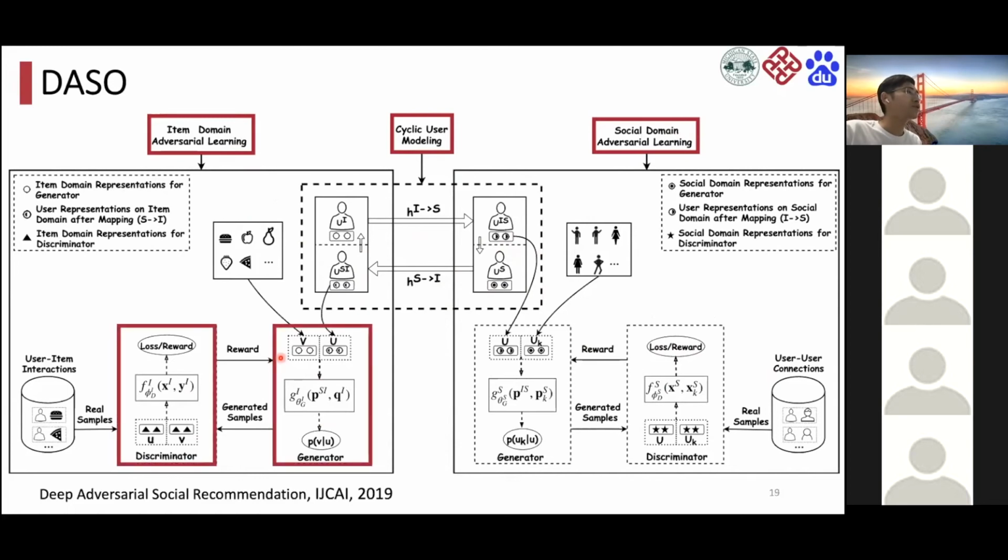The item domain adversarial learning on the left consists of a generator and a discriminator. Here, we mainly focus on the item domain because the social domain has similar functions.